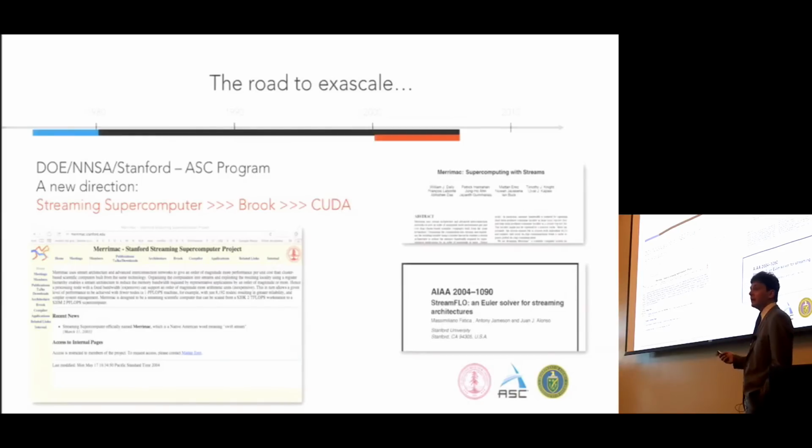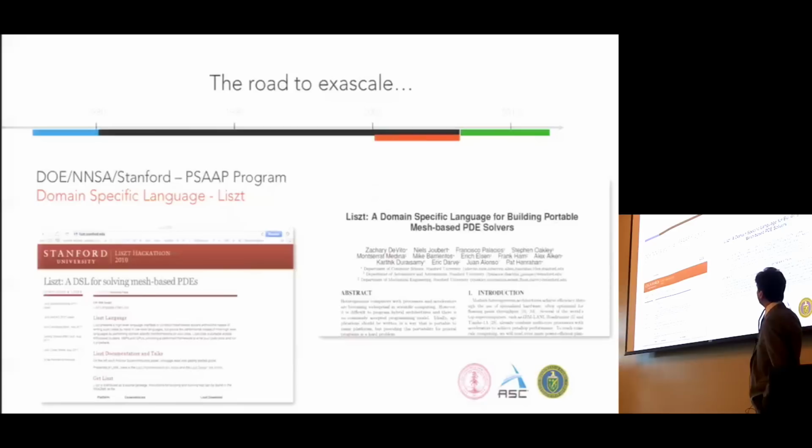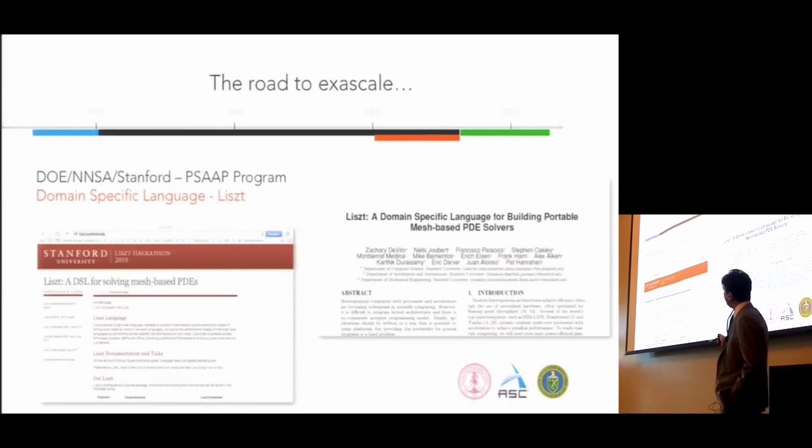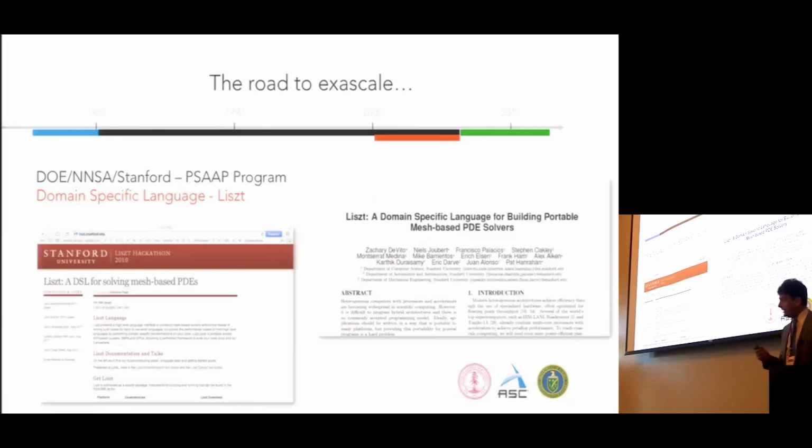But then in PSAAP, we actually embraced the computer science part. And there the development was on domain-specific languages, and specifically Liszt. Liszt is an interesting concept because it brings the application directly into the programming system. So this is a language that was really developed for PDEs, for mesh-based PDE solvers.